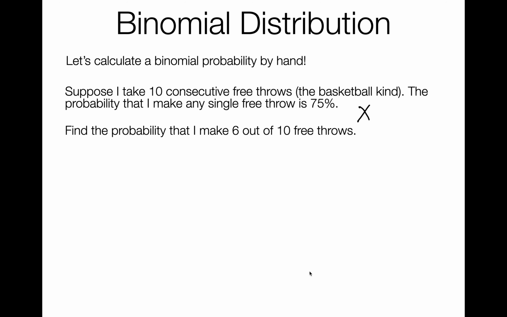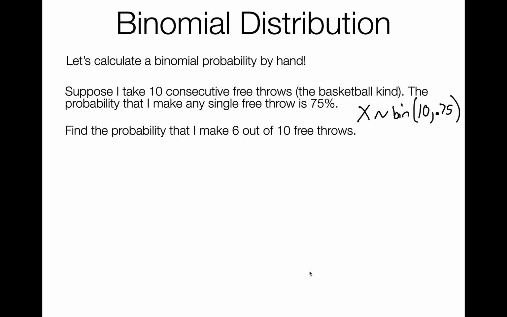So X, which is counting the number of free throws that I make out of 10, has a binomial distribution. Trials 10, probability of success 0.75.